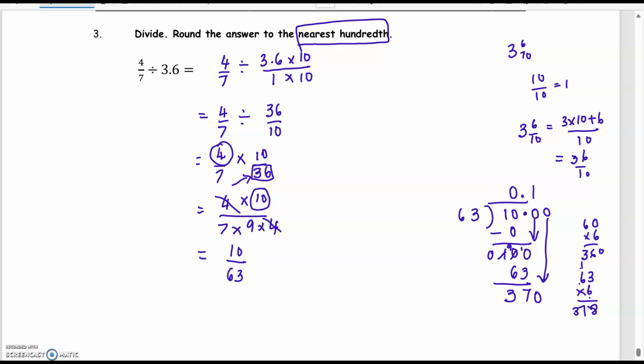So we're going to go 63 times 5, which is 315. So 63 goes 5, not 6 times into 370. So that's 315, and we subtract.